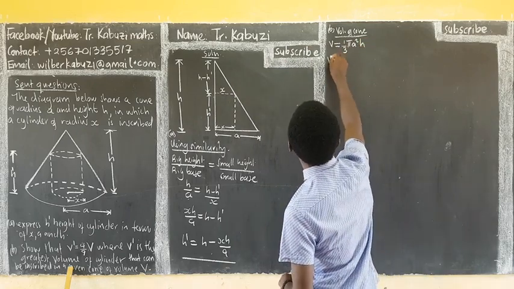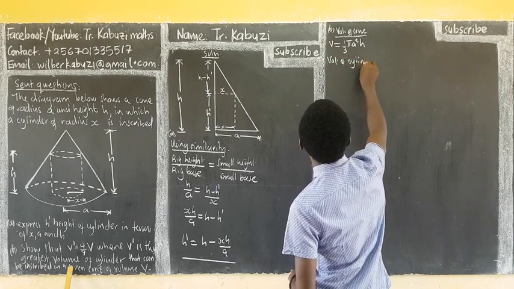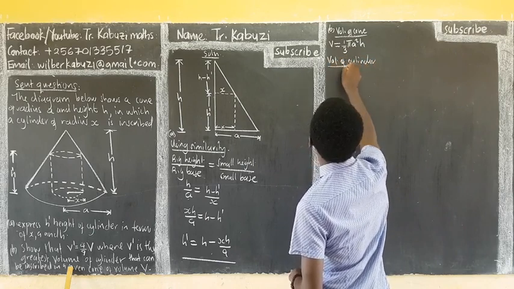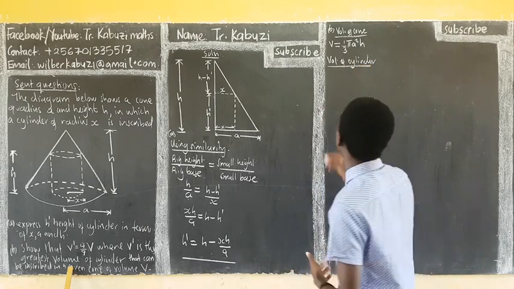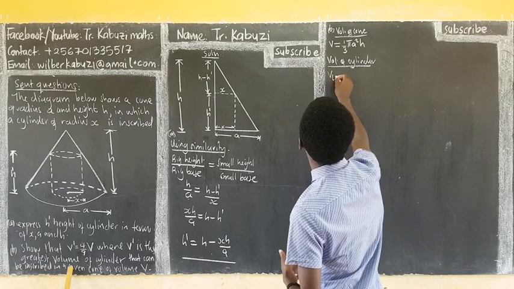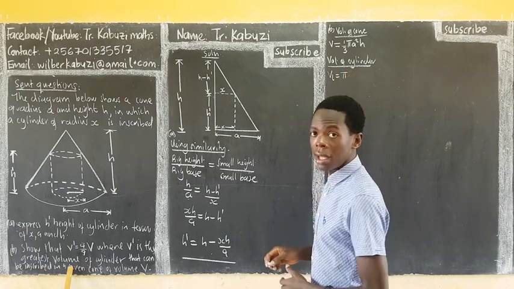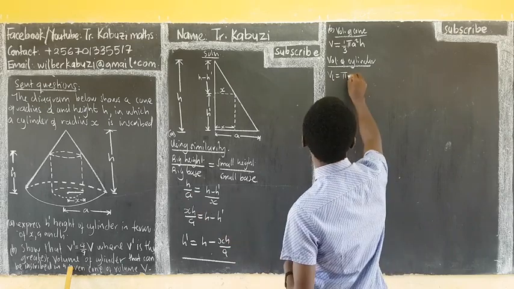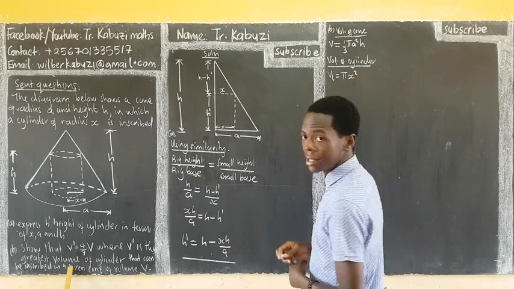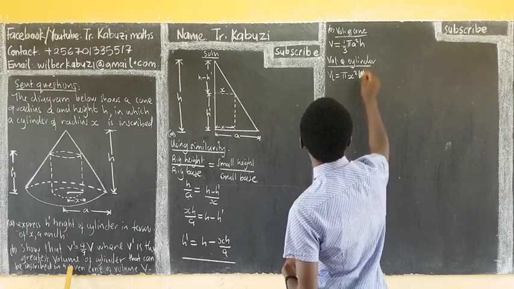Then I come to the volume of the cylinder. You know that the volume of the cylinder is pi r squared h. But the radius of the cylinder is x, and we are squaring it. Then our height is h prime.